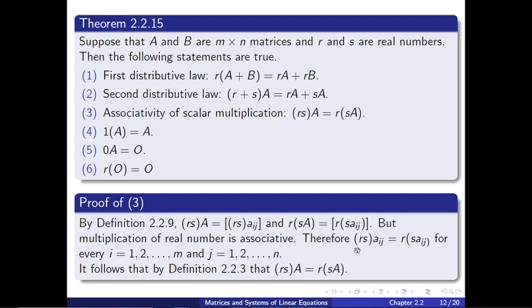Because these are equal, whatever is in there is equal to there, and therefore the corresponding matrices (RS)A will be equal to R(SA), and that is because of the definition of equality of matrices, definition 2.2.3. Right, so you can do the rest as an exercise.